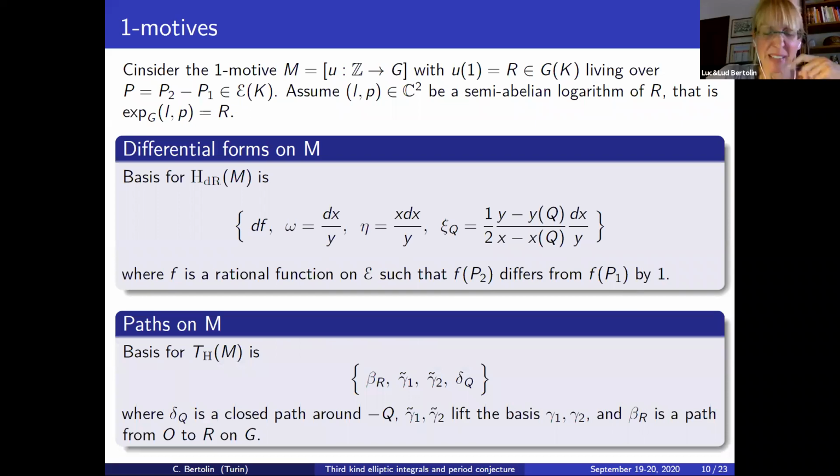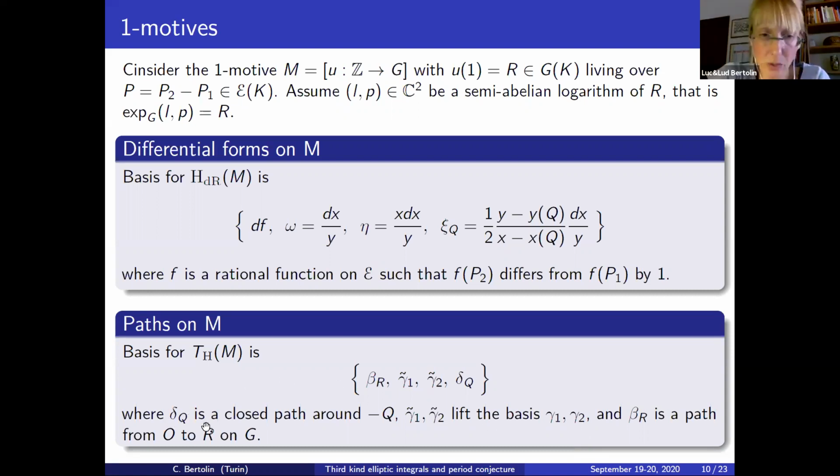This is for the differential forms. For the paths, I choose gamma 1 tilde and gamma 2 tilde, which are essentially the pullback of gamma 1, gamma 2 via the exact sequence that we have seen before.